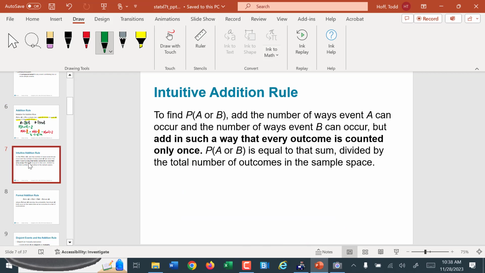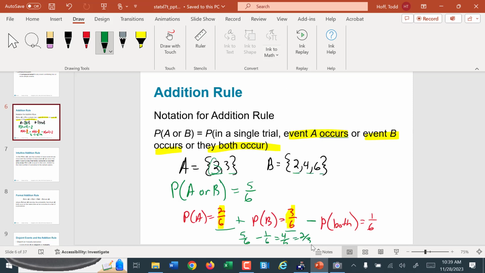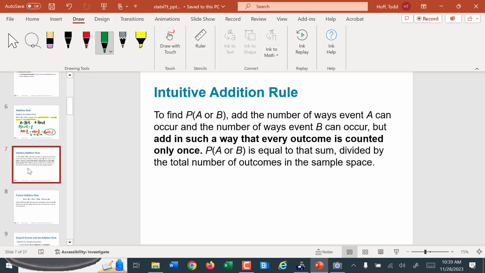So the intuitive addition rule, we just saw kind of a formula there, but it's basically saying you need to count all the different ways that either of them can occur without repeating any of those counts. That's why we had to take out the 2. We subtracted this probability because the 2 was in both of those original events. We don't want to repeat the 2 in our probability calculation.